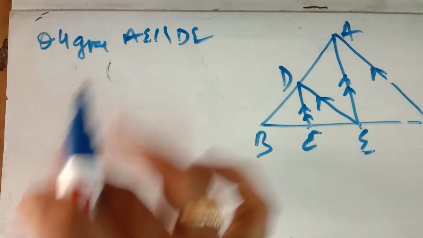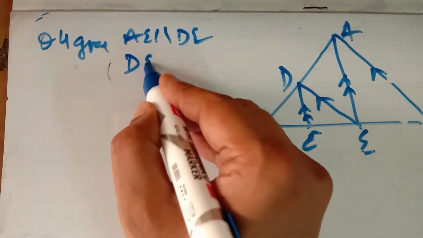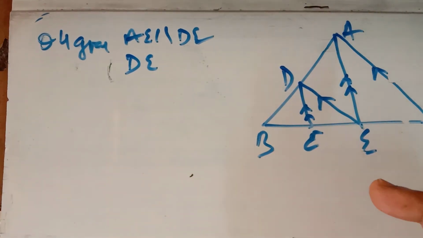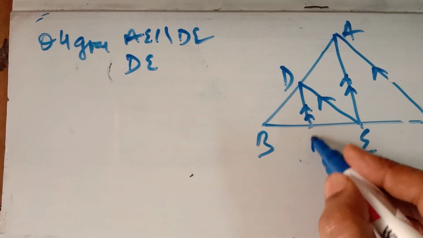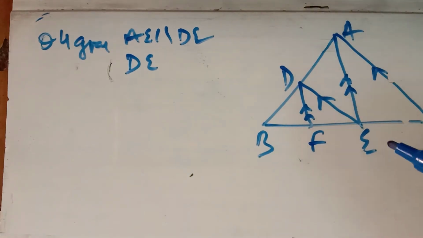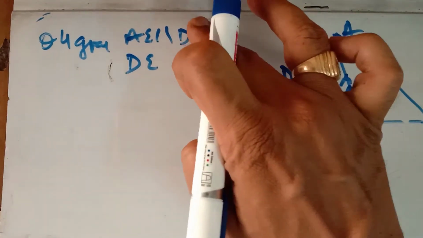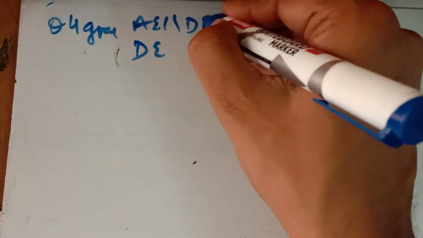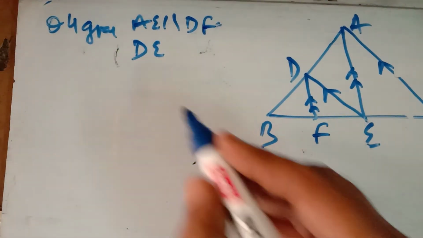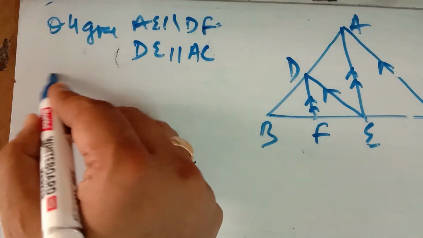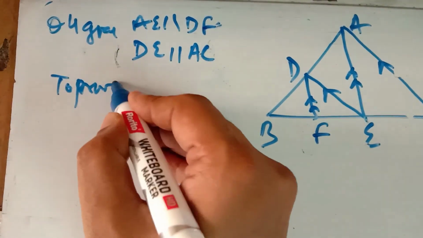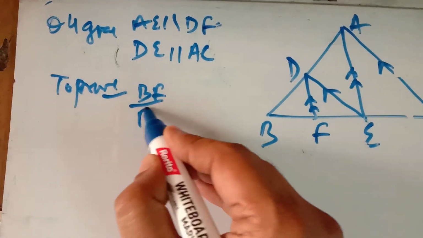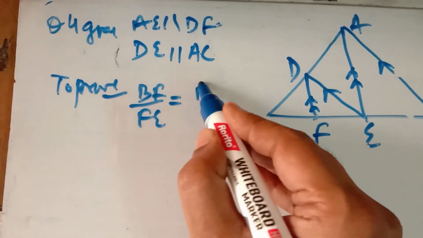AE is parallel to DF, and DE is parallel to AC. This is given, and what you have to prove is that BF upon FE is equal to BE upon EC.